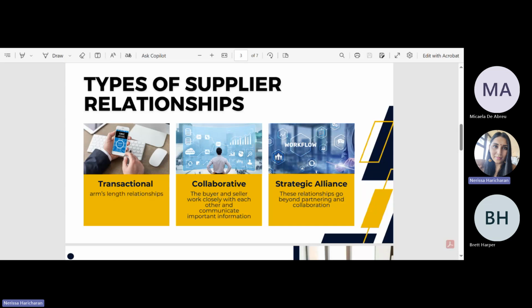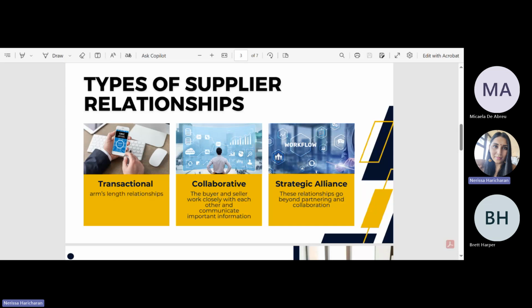And then the last one that we have is a strategic alliance. So it's a very strategic relationship. This is the relationship where you are sitting at a top management perspective: the owner of the business, an MD, a CEO level, someone in higher management. That's where your relationship is basically sitting.